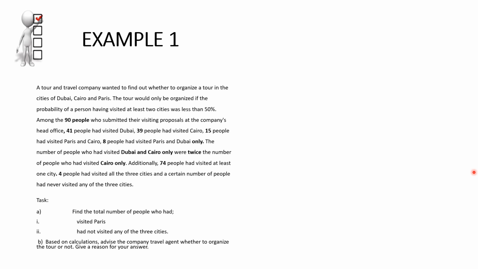So we are going to extract. You can see that there are 90 people, the entire group. So that means 90 is going to be our universal set.